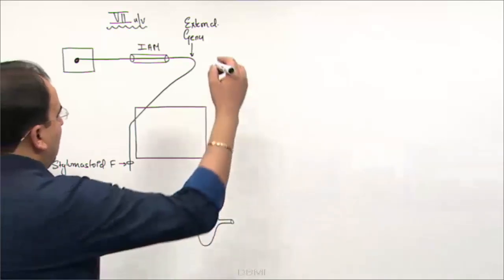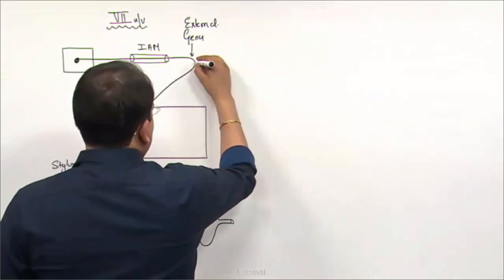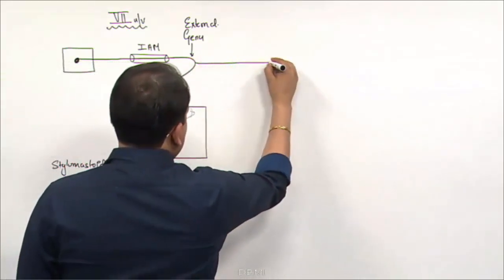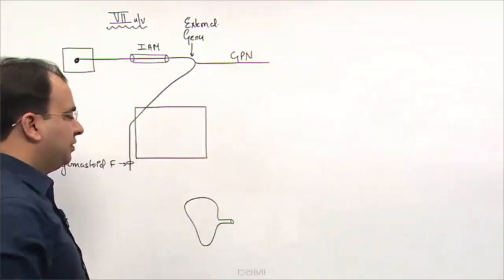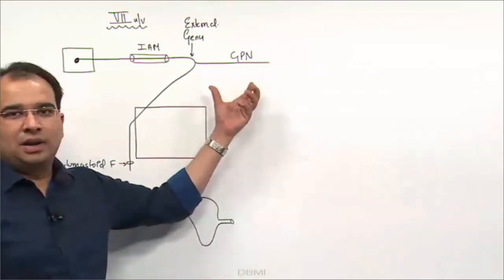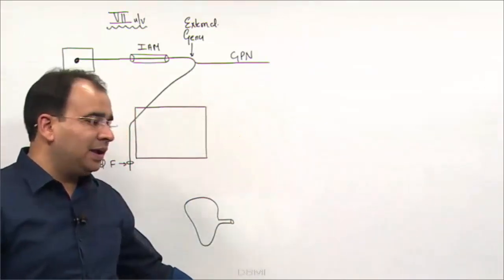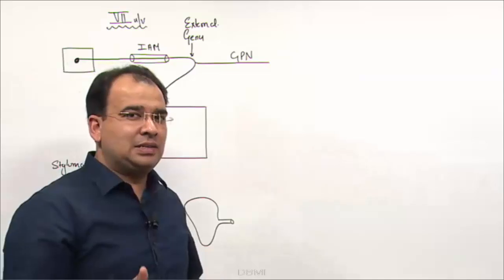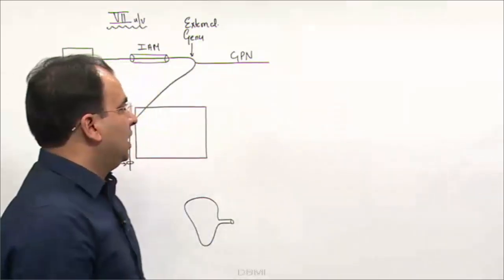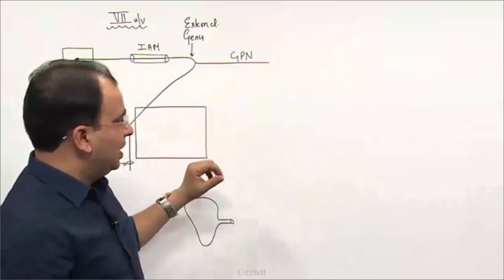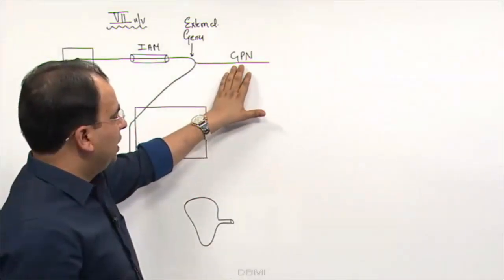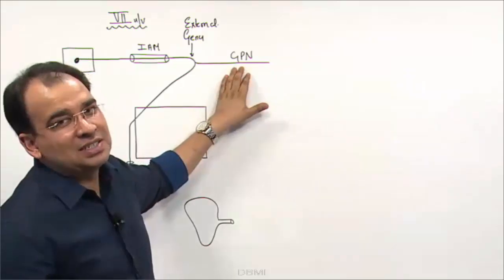Okay, a branch of the facial nerve from the region of this external genu is called the GPN, that is the greater petrosal nerve. This is one more bothering topic for us in head and neck, the petrosal nerves: greater petrosal, lesser petrosal, deep petrosal. So this is the greater petrosal nerve. Now what exactly is the greater petrosal nerve? Guys, the greater petrosal nerve is a preganglionic parasympathetic nerve.